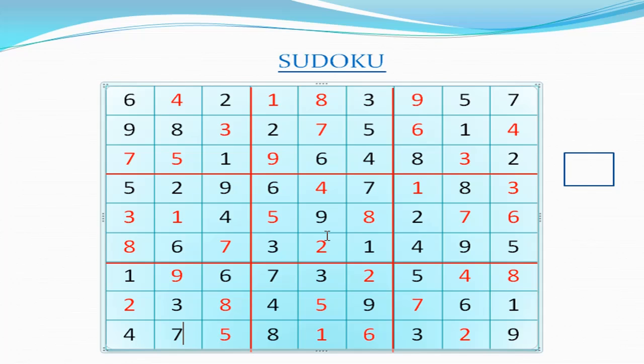If you are trying a few numbers and you are not able to place them, or you are not able to confirm that this has to be here, don't be sad. Go for the next one, and these which you are not able to place now, you will be able to place later, right? So don't be sad if you are not able to place one or two numbers in a row, or three, four.